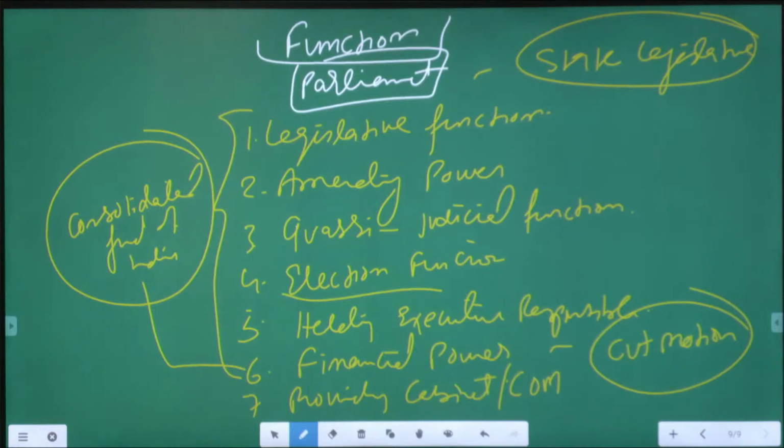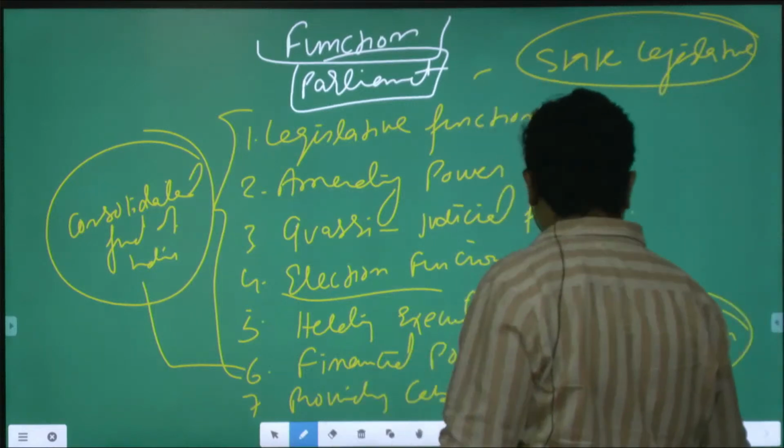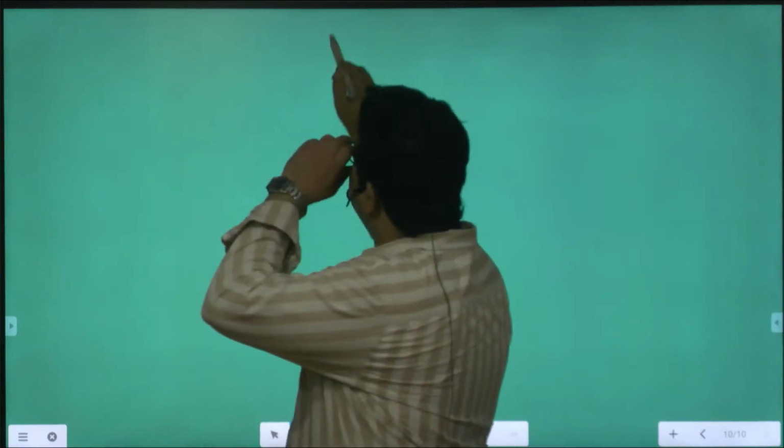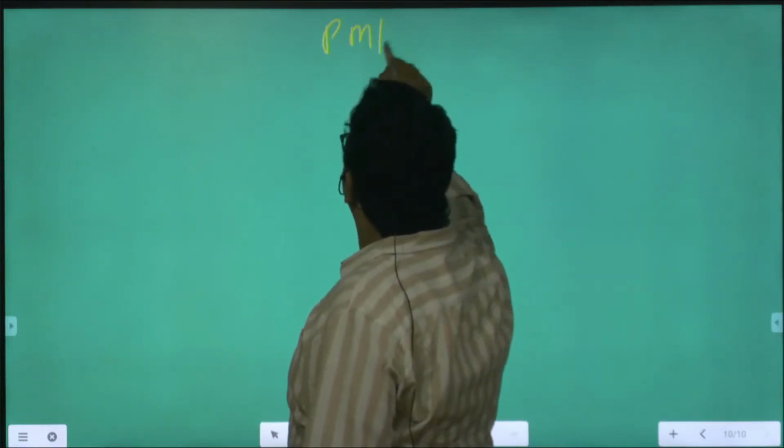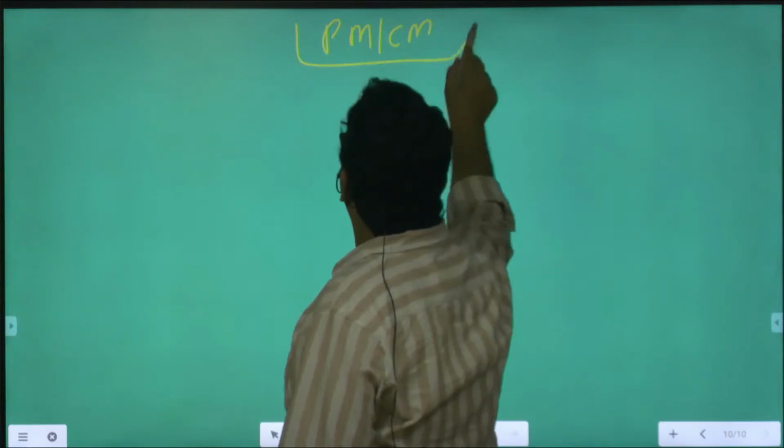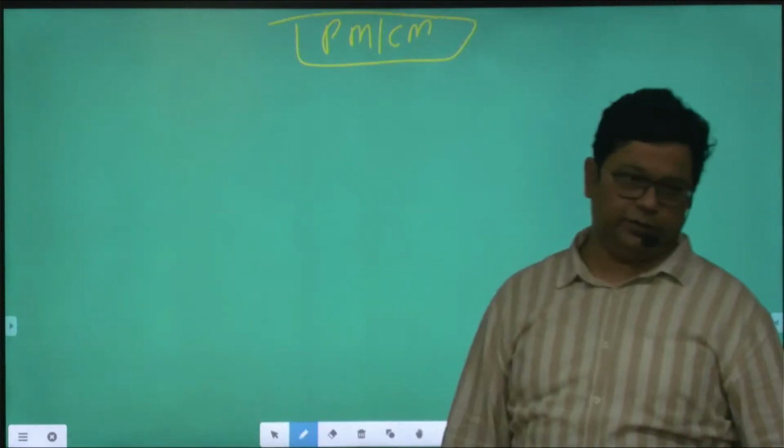Now they will be chosen by... अच्छा, how can a person become a prime minister or chief minister? ऑप्शन देता हूं मैं जी. How can a person become prime minister or chief minister?